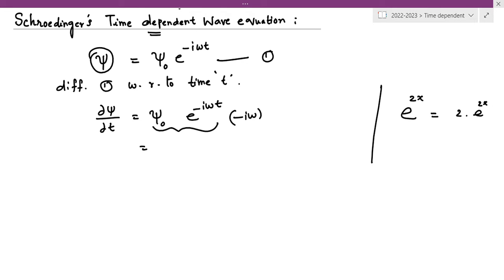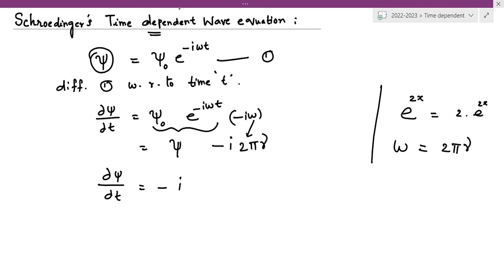Therefore, psi minus i, and then omega should be replaced by 2 pi nu. Therefore, omega is written as 2 pi nu. Now, I am rewriting this equation. Dou psi by dou t is equal to minus i 2 pi nu psi.